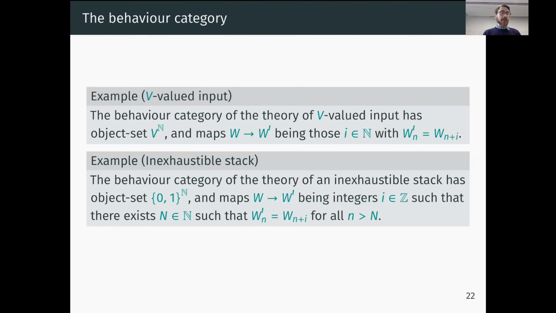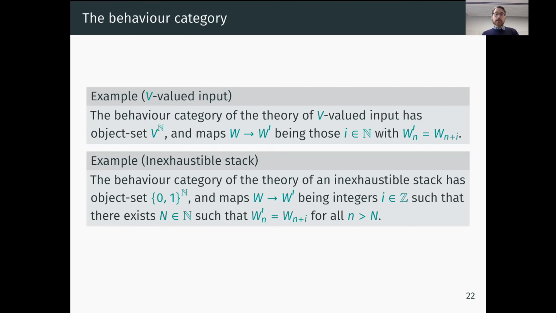I mean, an inexhaustible stack is supposed to just be a big thing with lots of zeros and ones, and I can sort of remove and add elements from the top end. And what's a map from W to W prime? Well, basically, it's something which encodes the manner in which I might remove or add elements from the top end of a stack.